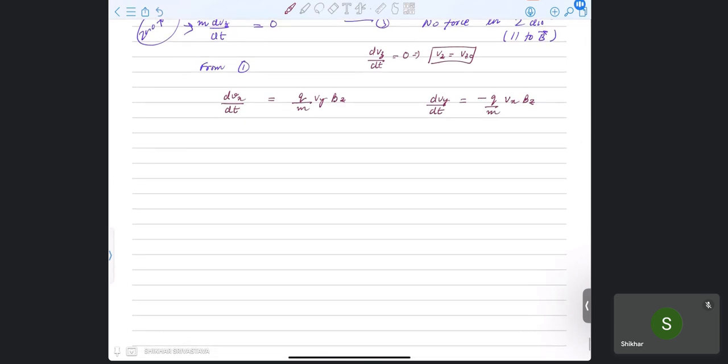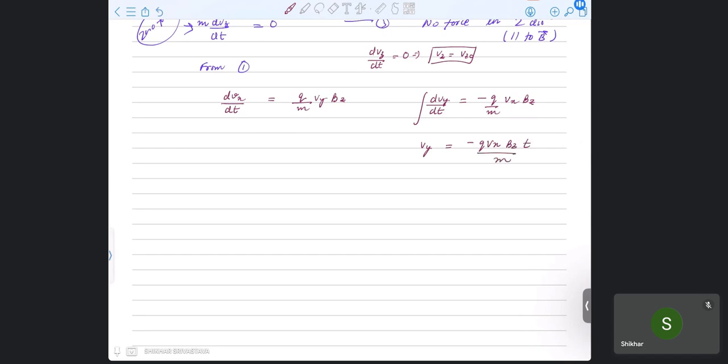Now if you solve this, what can you write? From B you can write dvy by dt is minus q vx Bz by m. Okay. So when you integrate this, your vy will become minus q vx Bz times t by m.